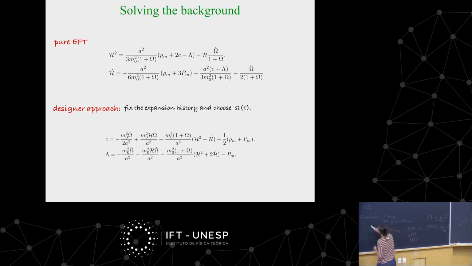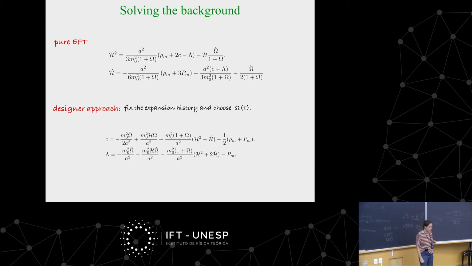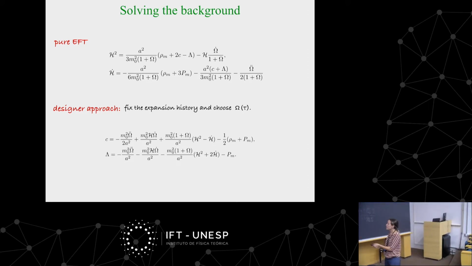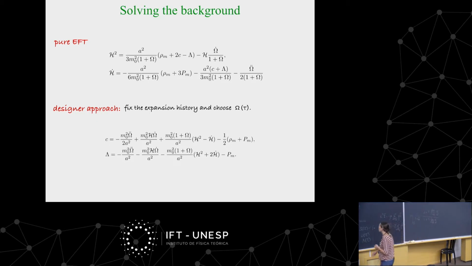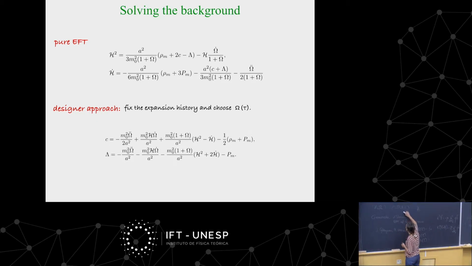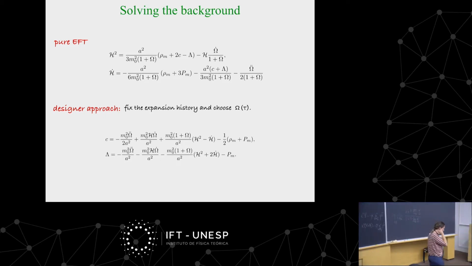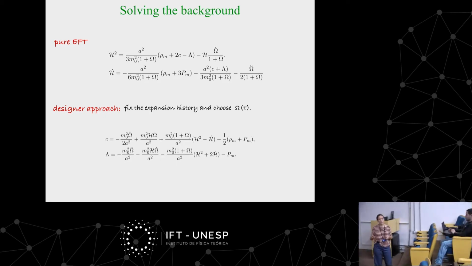So you can specify H and omega, and you're done. Your background is there. Alternatively, you specify omega, lambda, and C, and you have your background. It actually turns out that you don't need 3 of them. You only need 2 of them to fully specify the background. You can convince yourself by playing with these equations that you can drop one of these 3, and it's typically convenient to drop C or lambda. I think it's most common to drop C. So at the end of the day, you need 2 functions of time to completely fix your background.